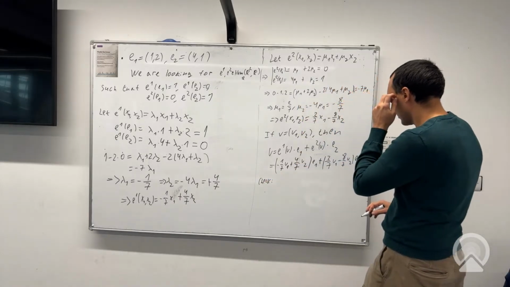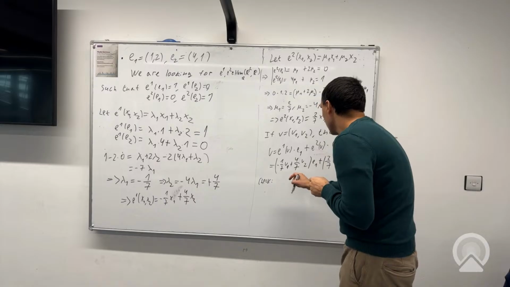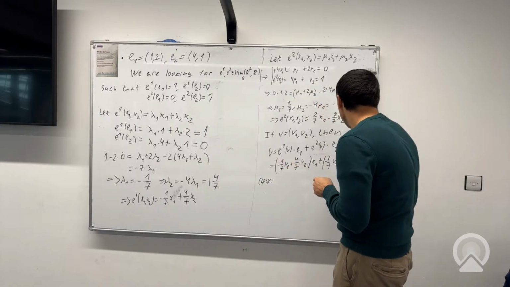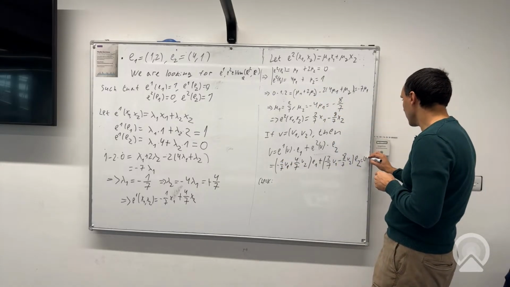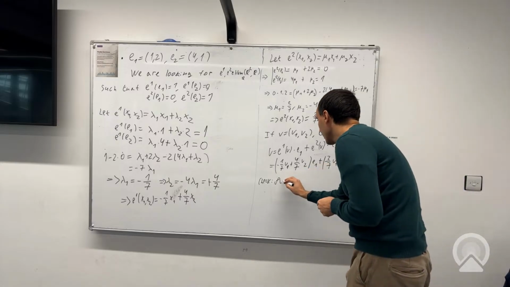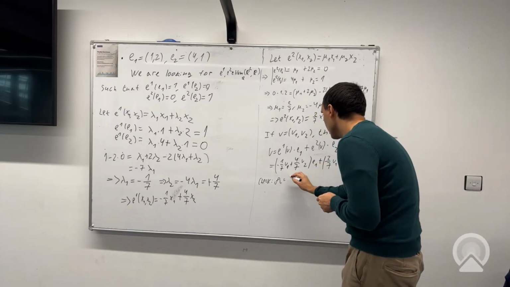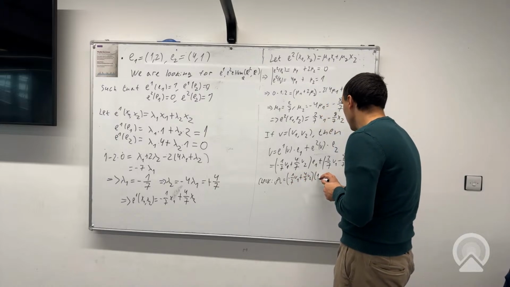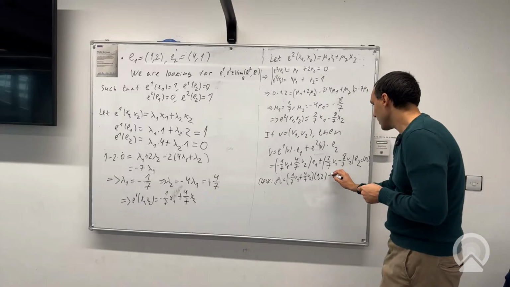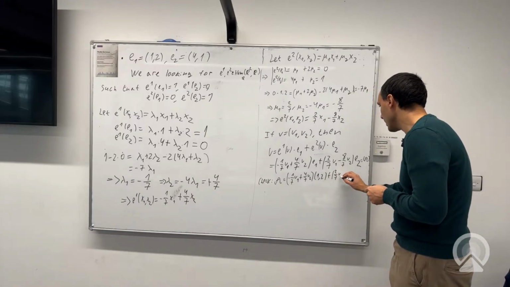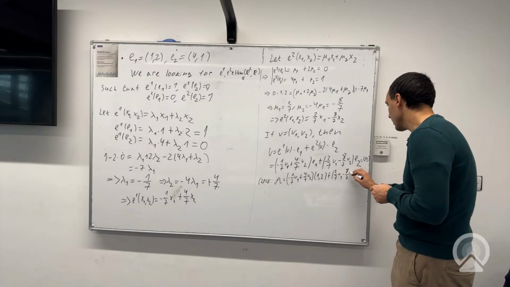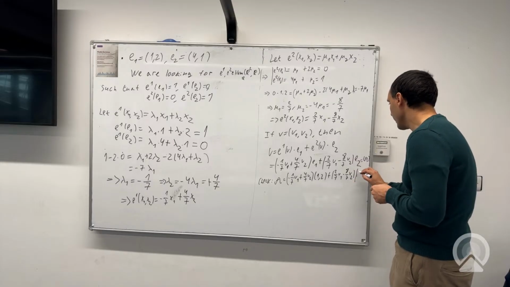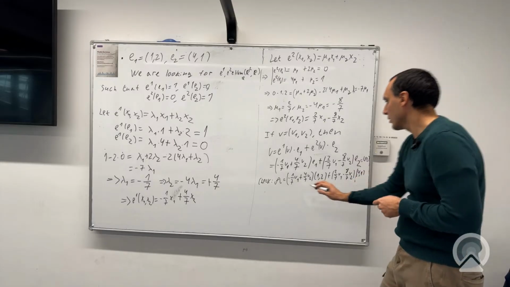So this thing here, let's call it A. So A is minus 1/7 v1 plus 4/7 v2 times (1, 2), plus 2/7 v1 minus 8/7 v2 times (4, 1). This is e2.